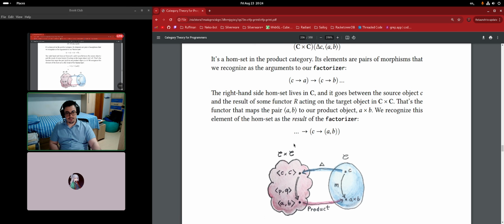So this would be C parenthesis C and delta C. No, actually, that's It seems to be the case though. Oh no no no! It's the R functor, so it needs to be this one, the bottom one.